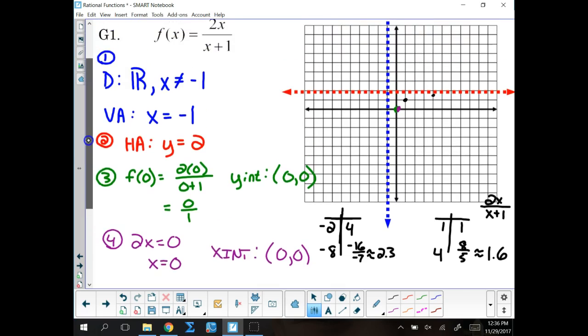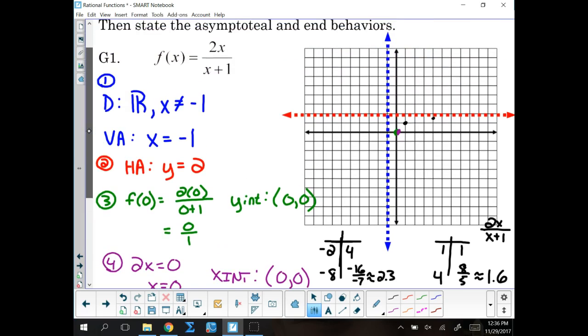With me. So, -2, 4 is right there. -8, 1, 2, 3, 4, 5, 6, 7, 8, 2.3. With me? Do I have enough points to draw my graph? Yes. Fantastic. Let's draw it in. So we've got here, and we've got here.